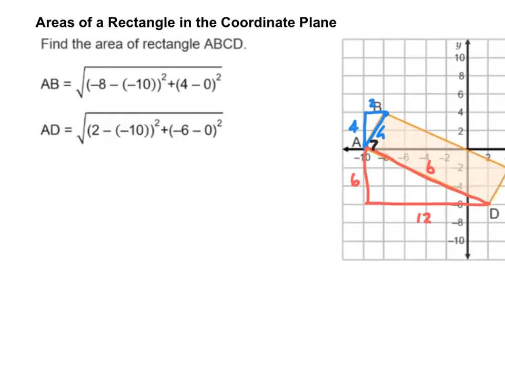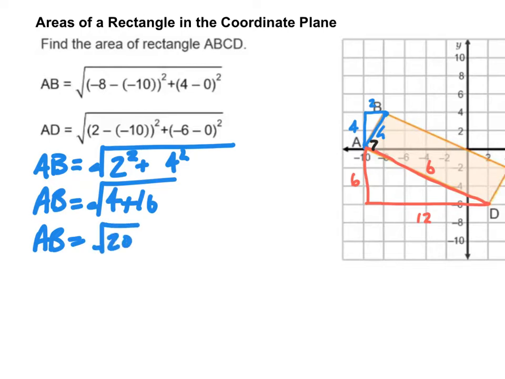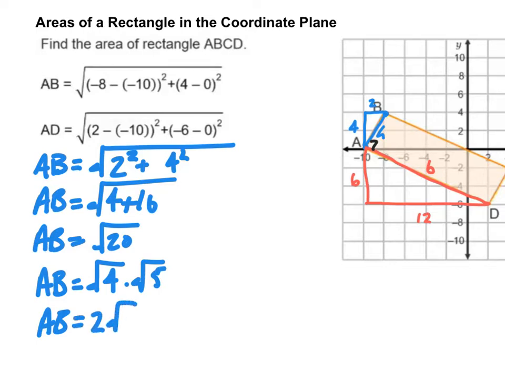So for AB, I want to do the square root of 2 squared plus 4 squared. That's going to give me 4 plus 16, and then AB is equal to the square root of 20. Simplifying that, I can factor out a square root of 4 times the square root of 5. And so AB is going to equal 2 times the square root of 5.